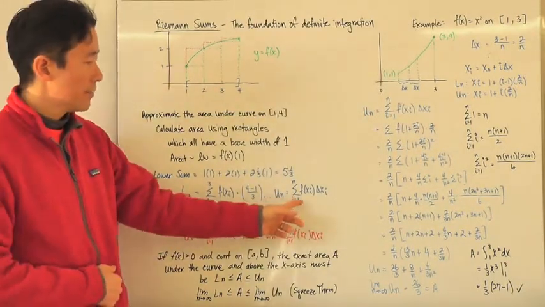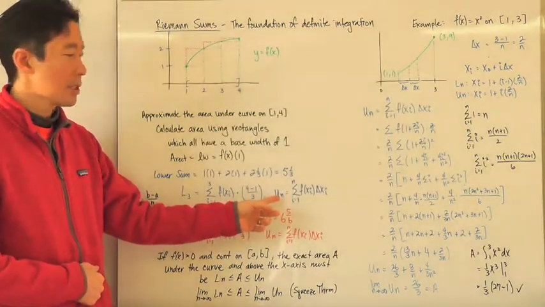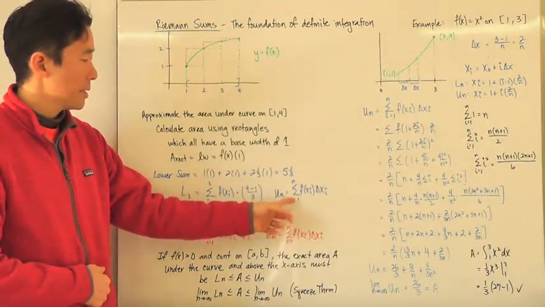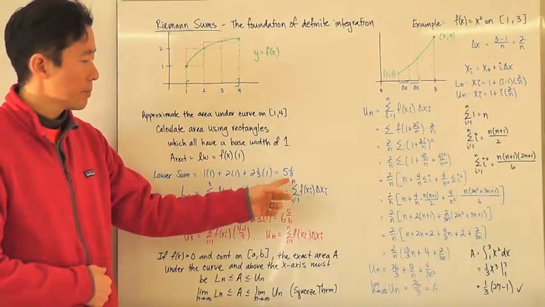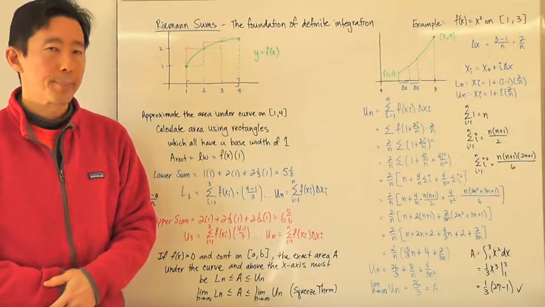If I wanted to generalize for n number of partitions, then I'm just going to take the summation from i equals 1 to n of f of x of i times delta x of i.